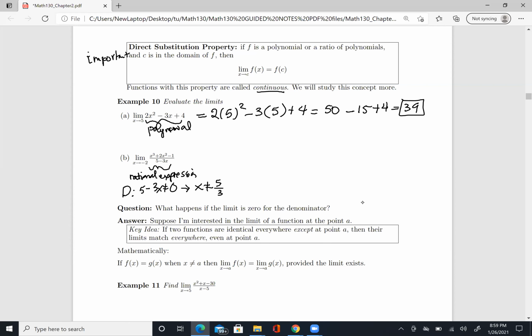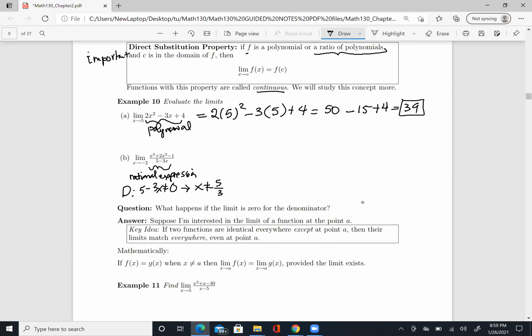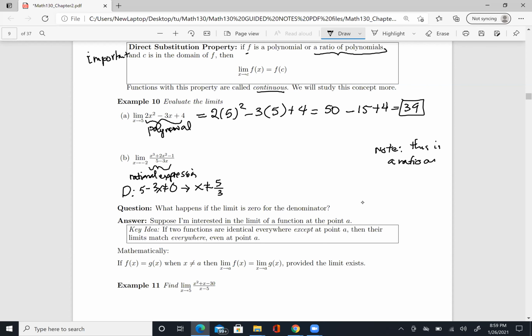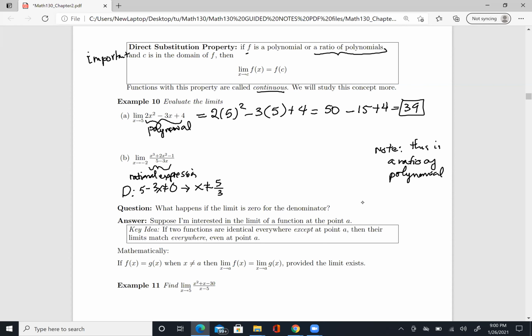Now what do you do? According to the direct substitution property, if f is a polynomial or a ratio of polynomials, then... this is a ratio of polynomials, right?